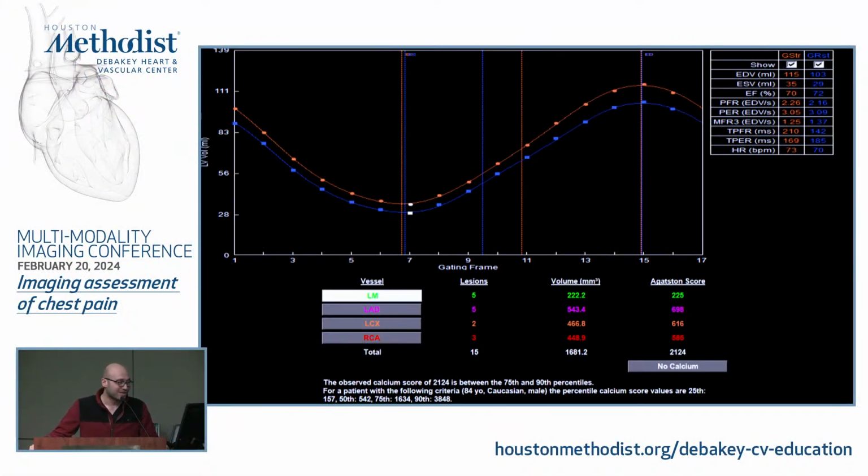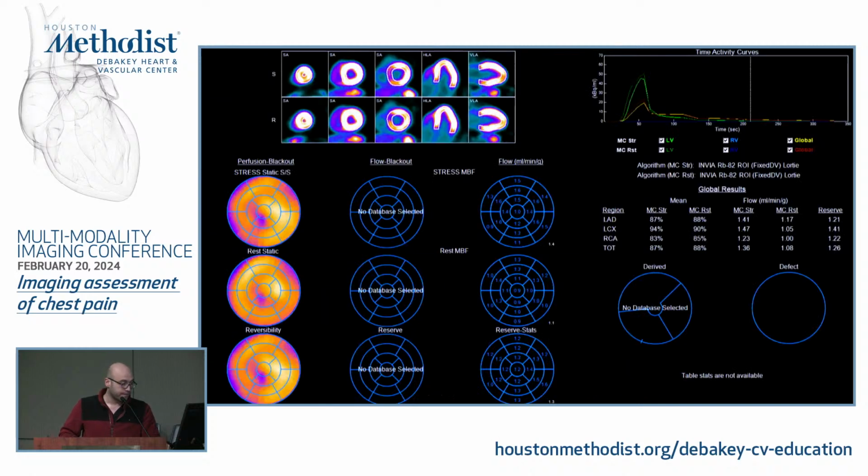The EF also didn't increase, actually decreased from 72 to 70. And the calcium score was much higher compared to 3 years ago. Now with the flow data, the rest flows were not low, but the peak flows were actually all decreased in all territories. And the reserve was pretty low in all coronary artery territories.